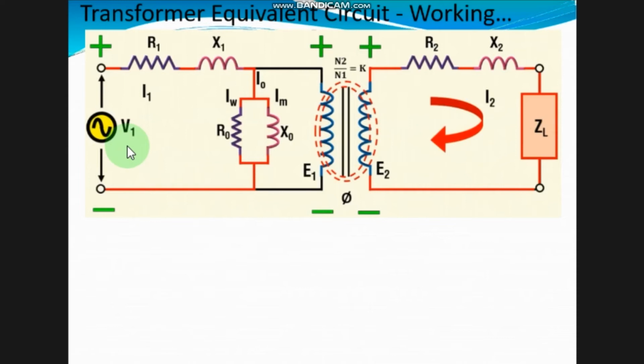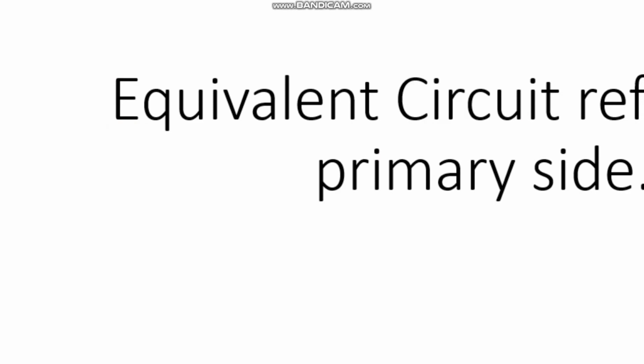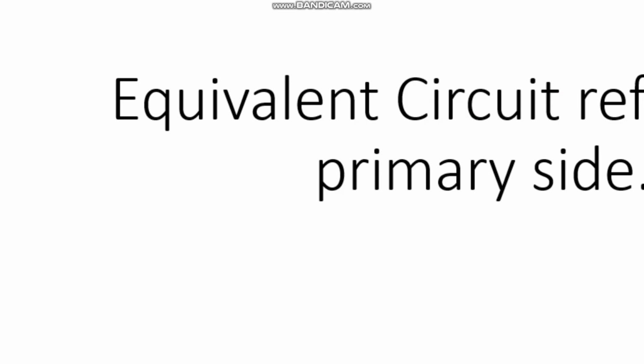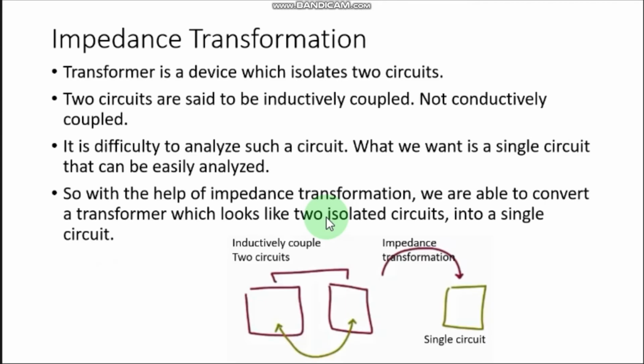So then in my next lecture, we discussed the equivalent circuit referred to the primary and the secondary side. So here we said that even though we have so far studied the equivalent circuit, still the two sides are isolated, or they are just inductively coupled, right?